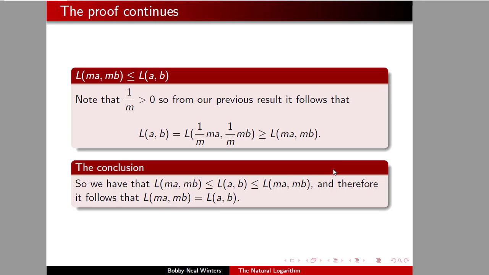From our previous result, we know that L(a, b) is equal to L((1/m)(ma), (1/m)(mb)), and by our previous result this is greater than or equal to L(ma, mb). And so we got it. We've got L(a, b) trapped between L(ma, mb) and itself. Therefore, everything has to be equal.